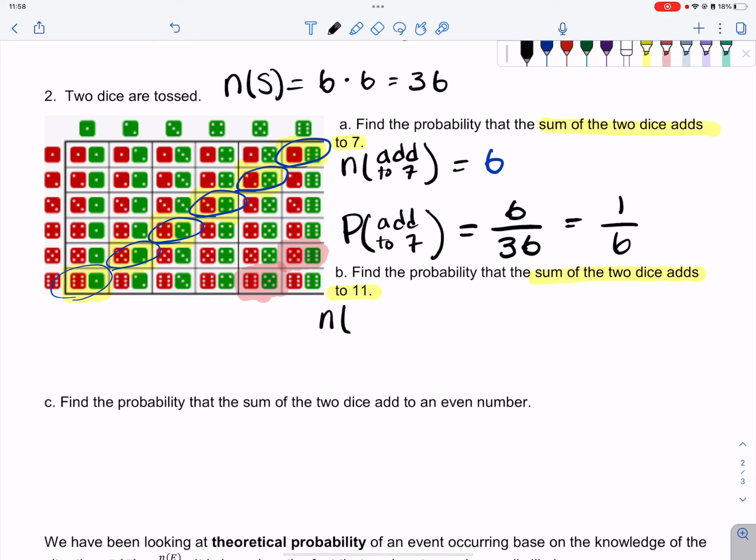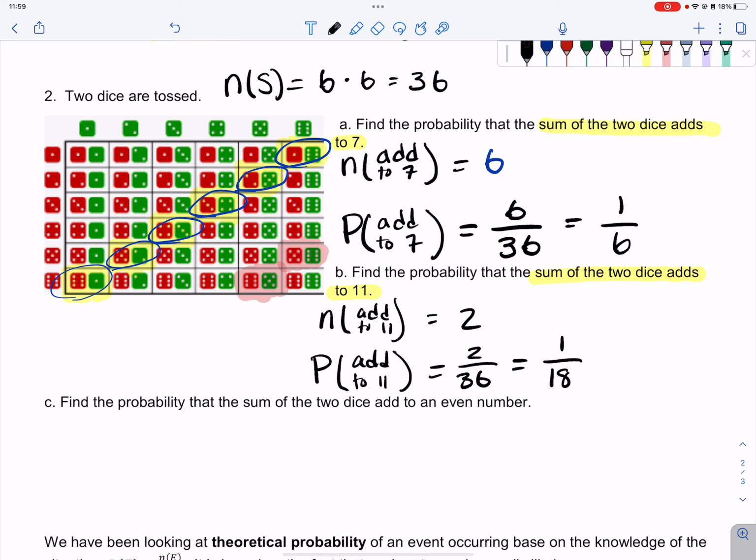So our number that add to 11 is equal to 2. So then our probability that they add to 11 is simply going to be 2 over 36, which can simplify to be 1 over 18.